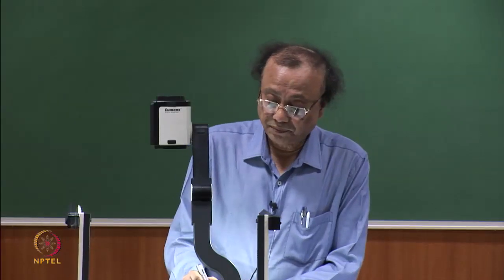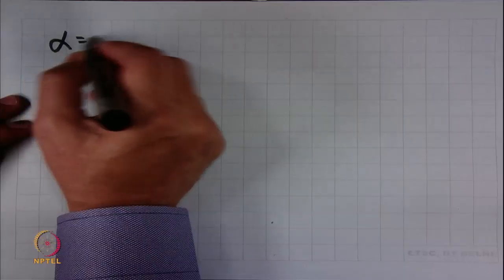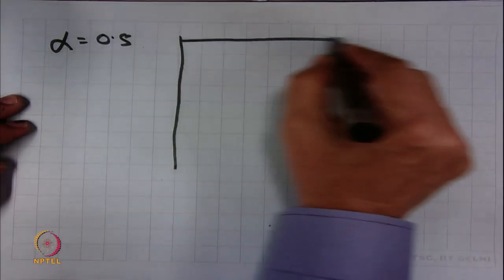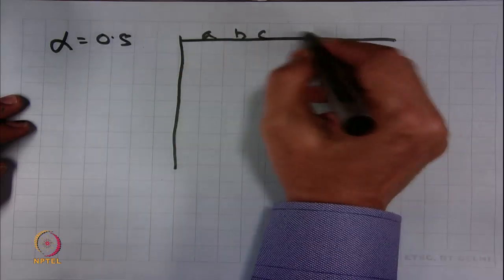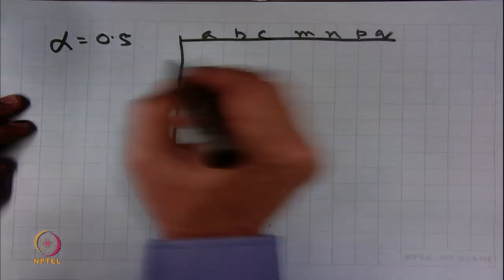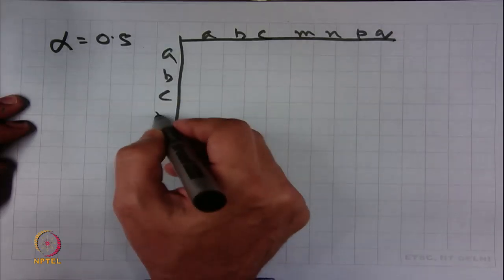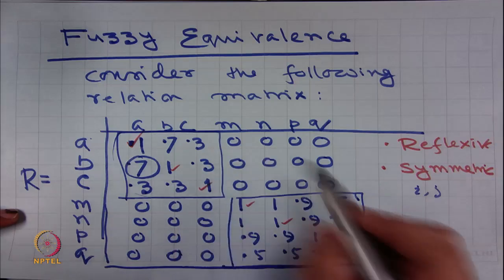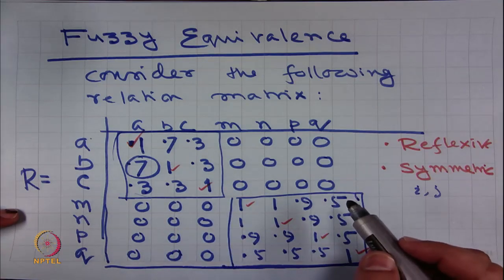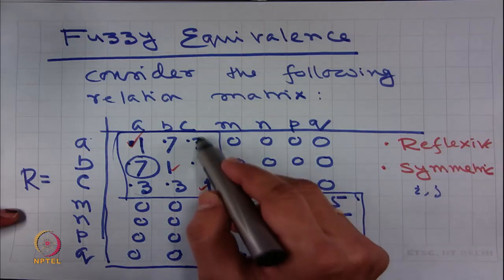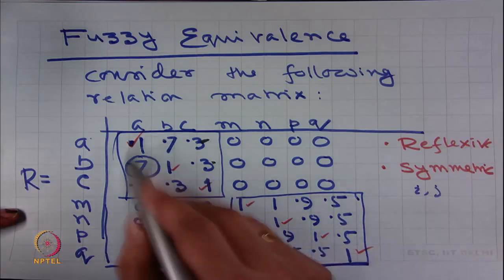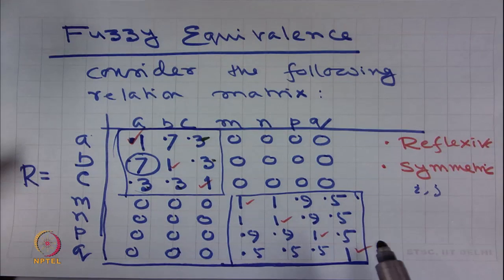Let us now consider alpha equal to 0.5. Therefore, the matrix that we get is, now that we are taking alpha to be 0.5, these elements will become 0 and this will become 1. Here we will get all 1s.